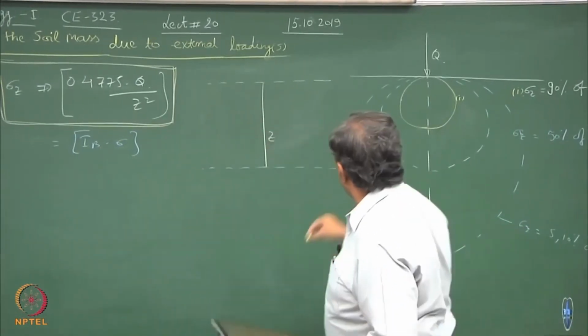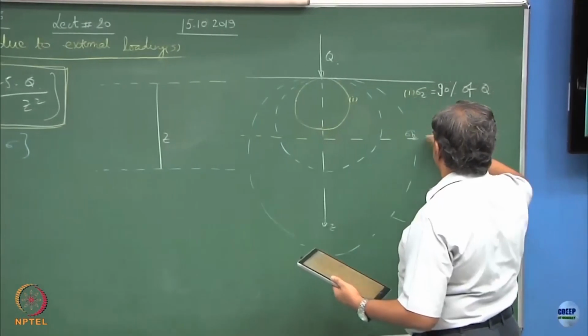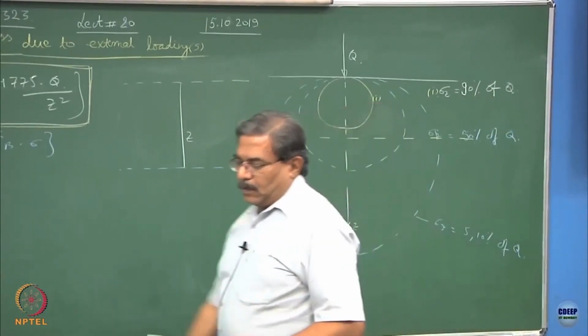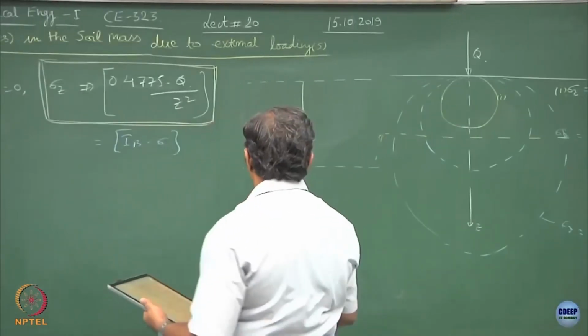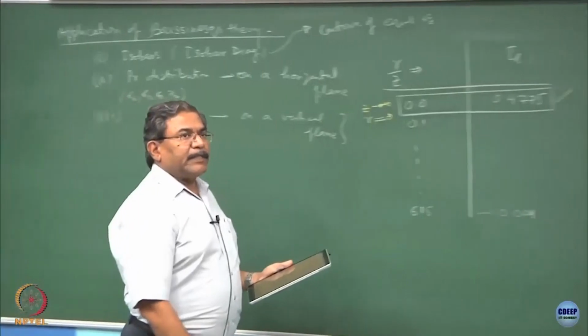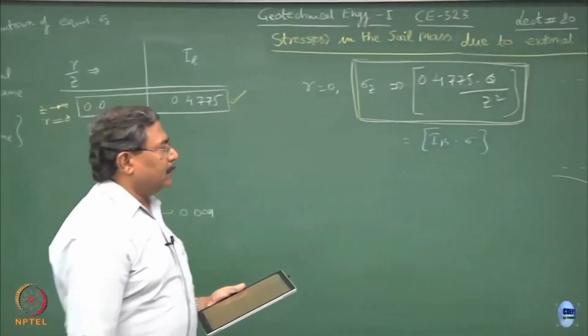So, if there is a plane which is passing through, this is the same plane as what I am showing over here. So, the pressure distribution would be like why the rutting takes place of the pavements. This is the answer.